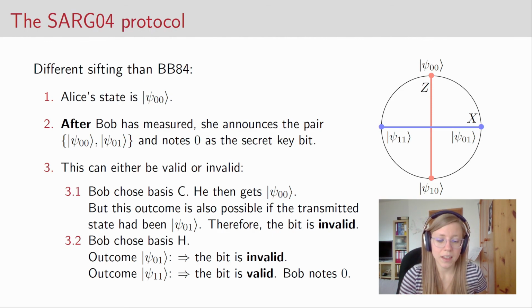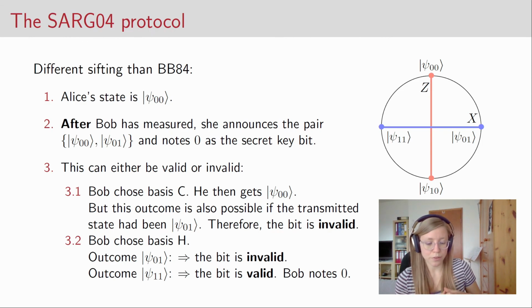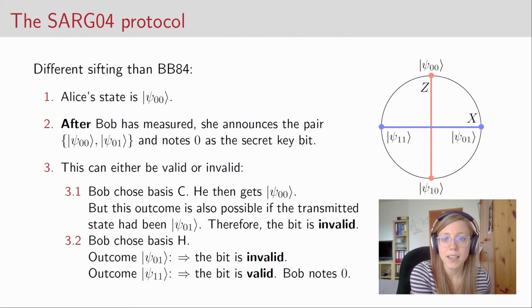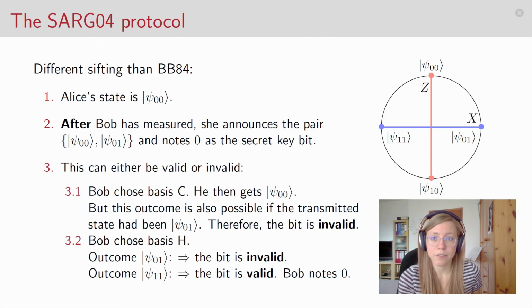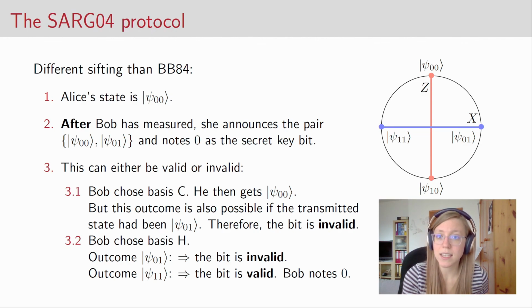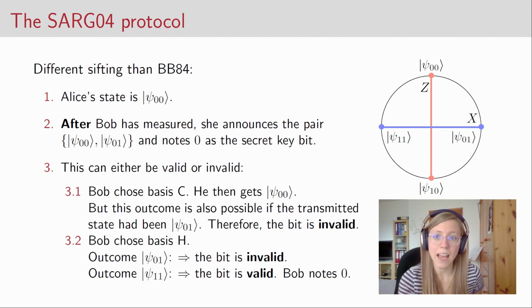So, coming back to the photon number splitting attack, if Eve has stored her photon, she never gets the information in which basis she has to measure the bit. So it was shown that for the photon number splitting attack, this protocol is actually secure, but for other attacks, other protocols are superior to this one. So this is really tailored to the one specific attack.